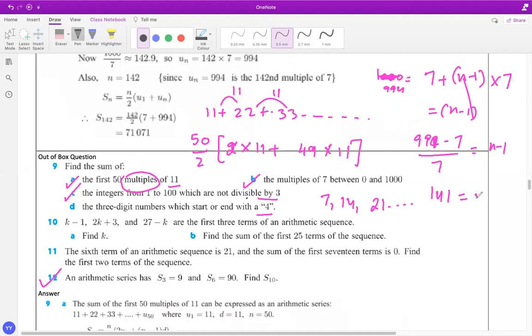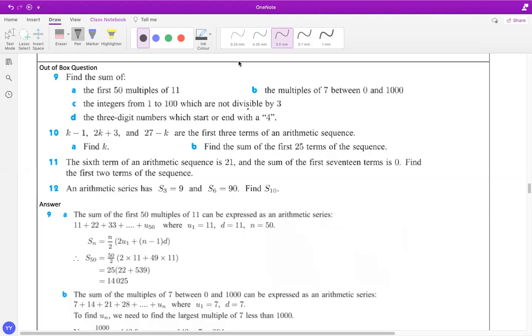So n will be 142. So there are 142 multiples of 7 between 0 and 1000. Now when you are adding up the terms, I can do 142 upon 2. First term is 7 and last term we know is 994. So you can straight away find this value using your calculator and you'll get the final answer.